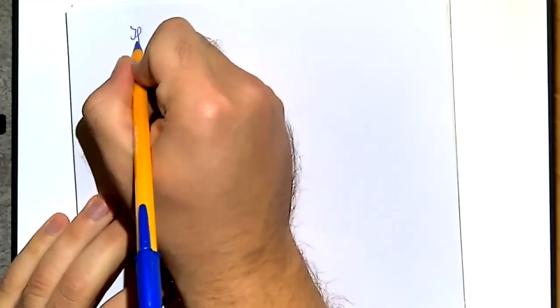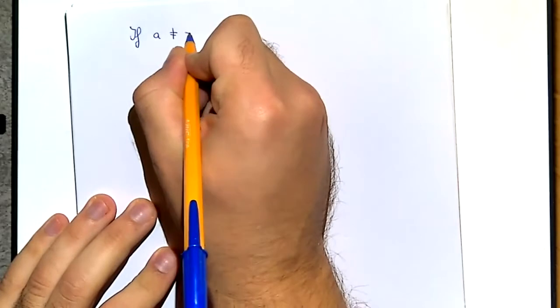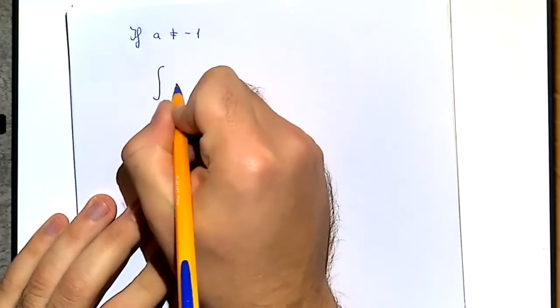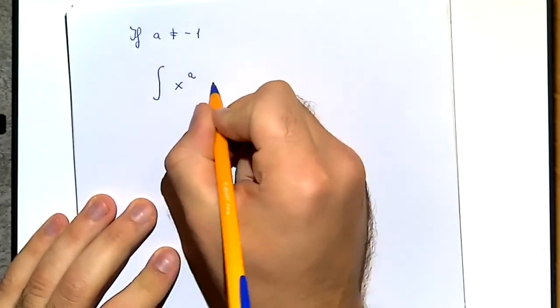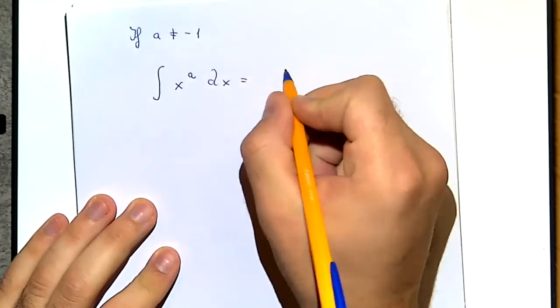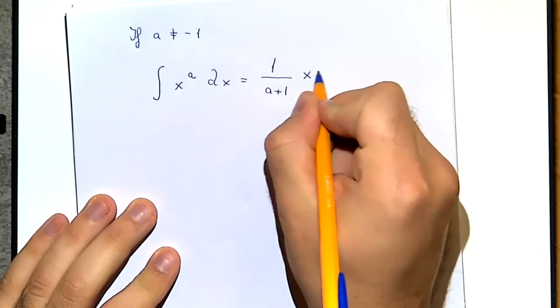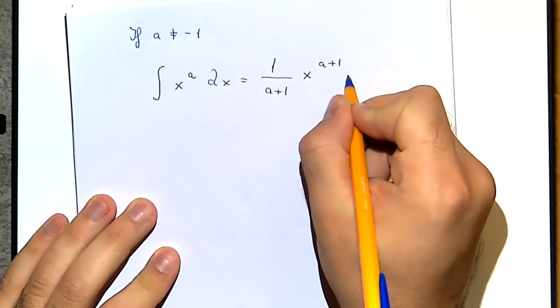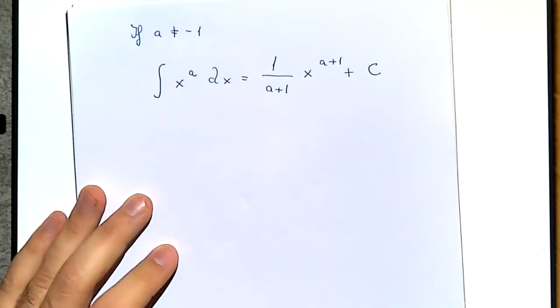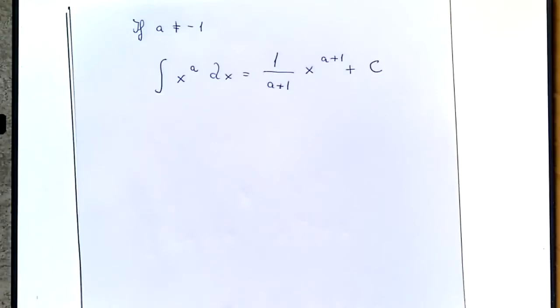The book literally says, if a is not equal to -1, then the integral of x to the power of a dx is just equal to 1/(a+1) x^(a+1) + c. Again, why is this? If I take the derivative of the right side, I'm going to get the left side.